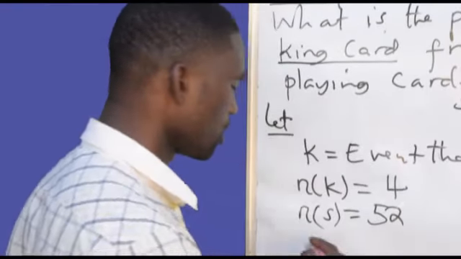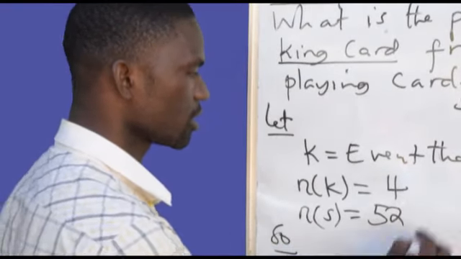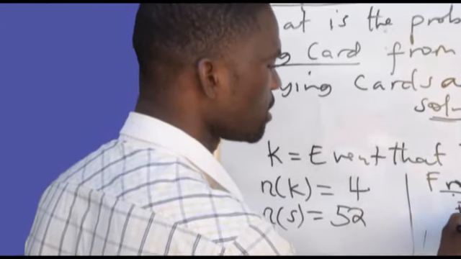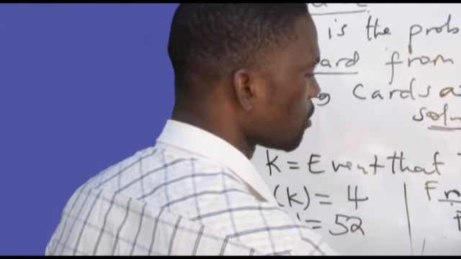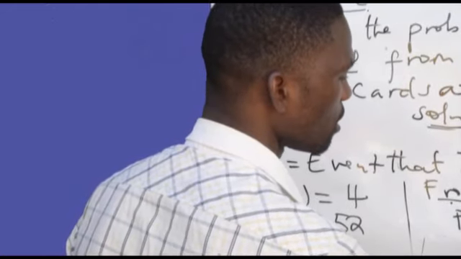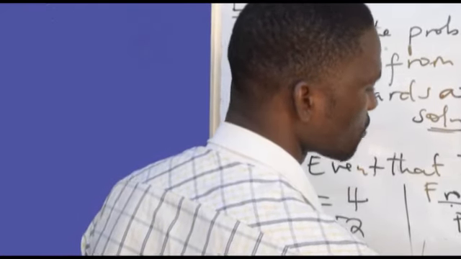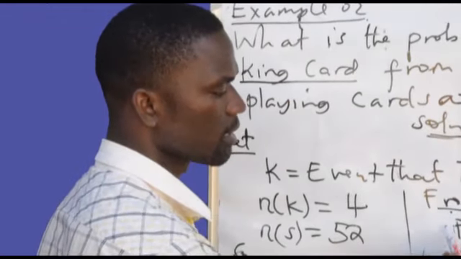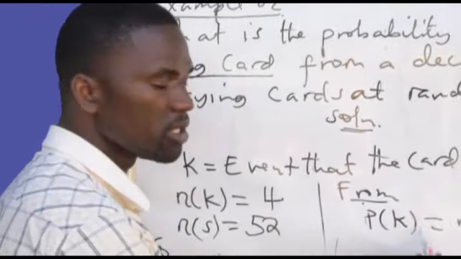From the formula, the probability of drawing a king card will be equal to the number of K per number of sample space. You solve this in order to find the probability that a card will be a king.